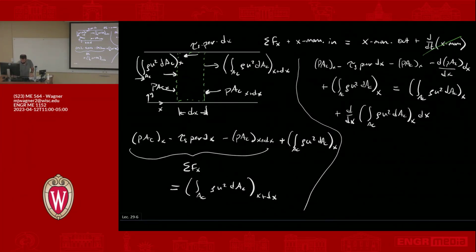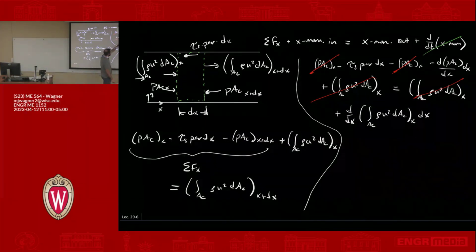So let's cancel stuff out. We have the pressure term here, that part goes away. And this one here, this one here. I think that's it. So we're left with a differential here. Once we canceled those terms out, we have tau s perimeter dx, something dx, something dx.